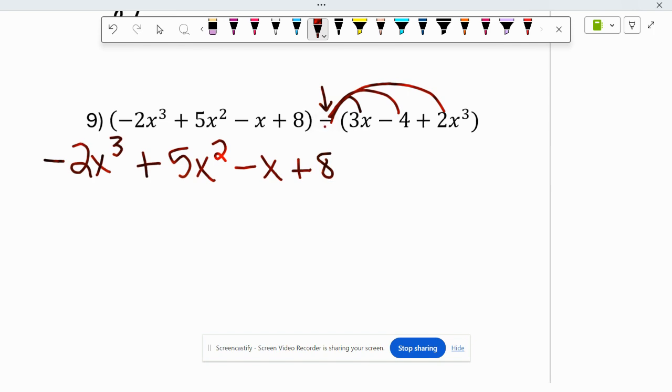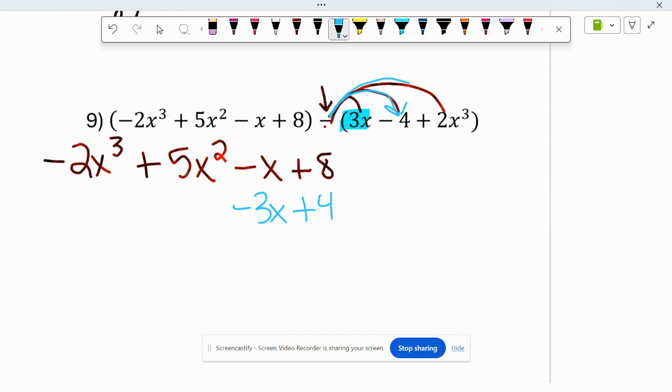I'm going to distribute this negative to the 3x. So that's going to become a negative 3x. Negative 3x goes right below the x term. When I distribute this negative to the negative 4, a negative times a negative is a positive. So this positive 4 is going to get stacked up right below the other constant, 8.